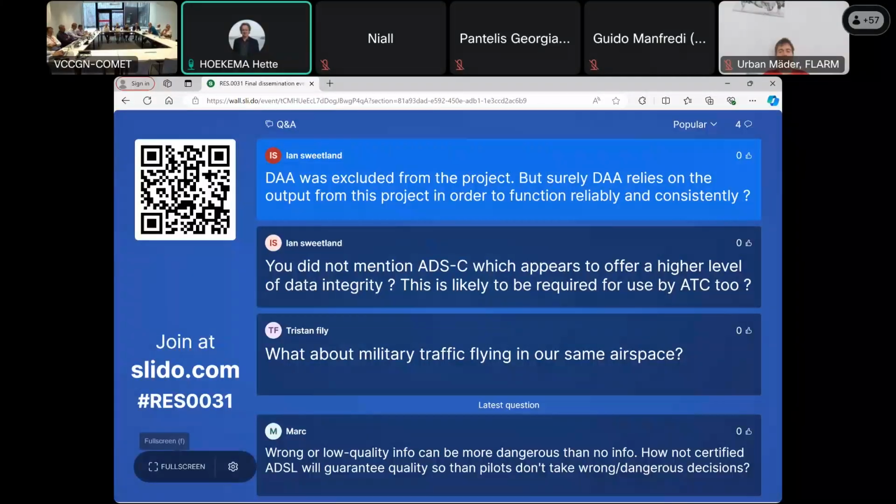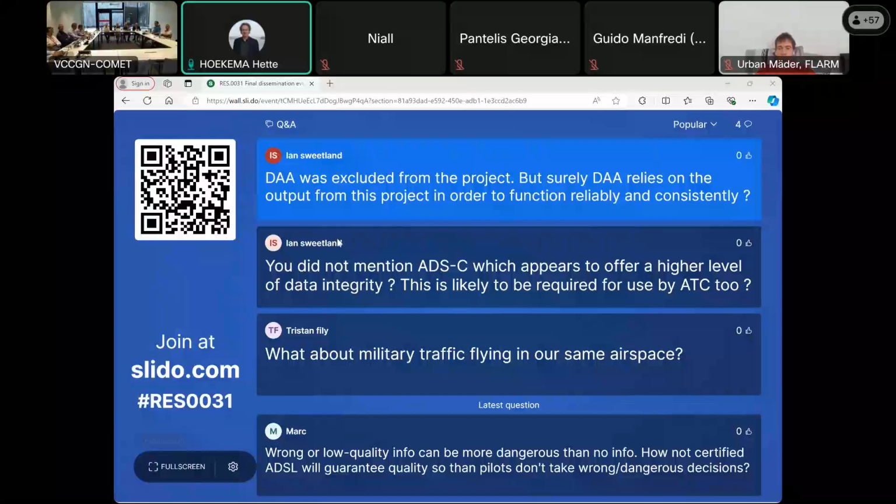And conspicuous in the current standard means that it is either transponder equipped or has ADS-B out. And that should be sufficient for the initial operations.